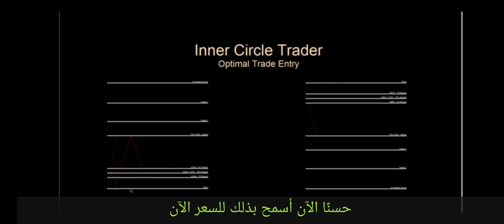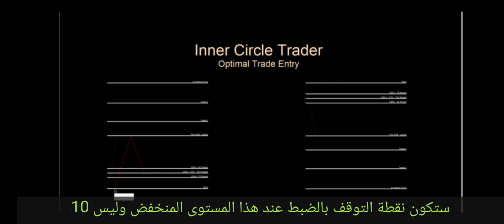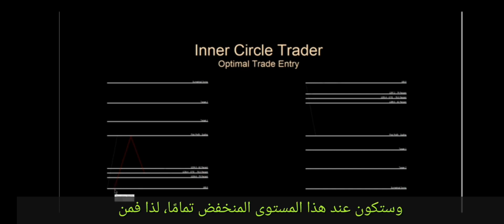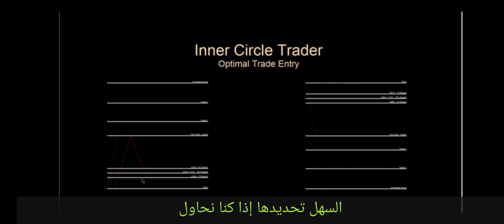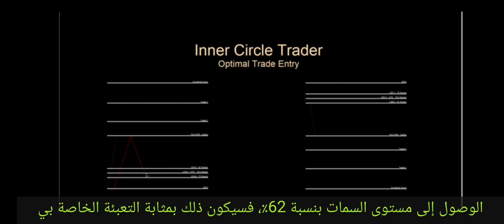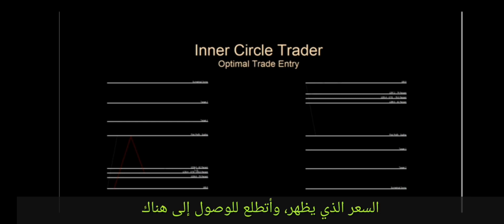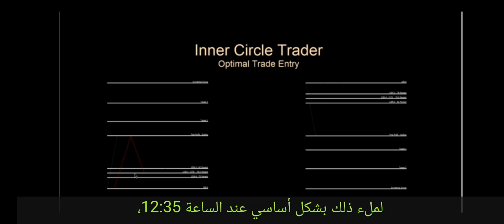Now, my stop will be exactly at this low, not 10 pips or 5 pips below that. It's going to be right at that low. Okay, so it's easily defined. If we are trying to get in at 62% retracement level, my fill would be 1234.3. Let's call it. This is the gold market behind all this stuff. It's just the price it's showing. I'd look to get the fill at basically 1235.